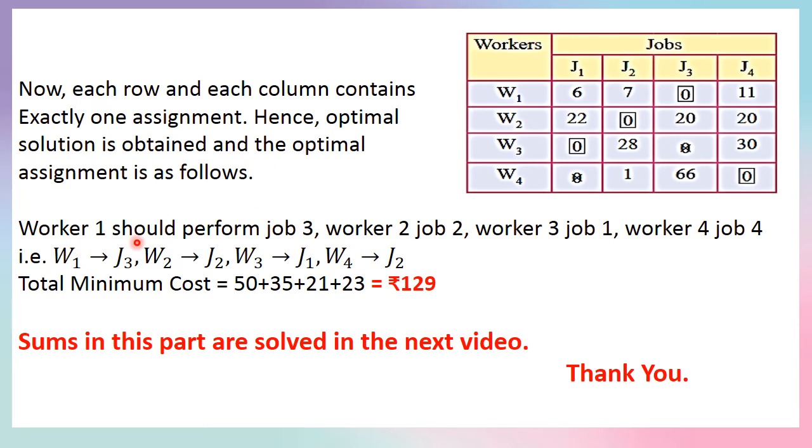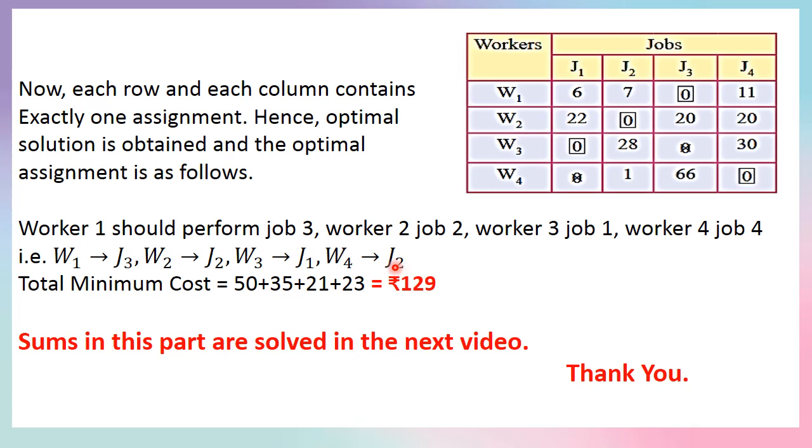The optimal assignment is as follows. Worker 1 should perform job 3, because the assignment is done for the zero in the third column, corresponding to job 3 and worker 1. The second assignment is job 2 for worker 2, the third is job 1 for worker 3, and job 4 for worker 4. That is, W1 to J3, W2 to J2, W3 to J1, and W4 to J4.